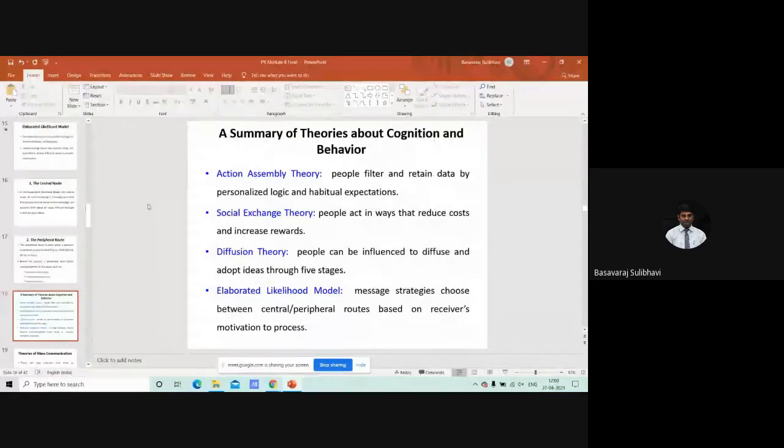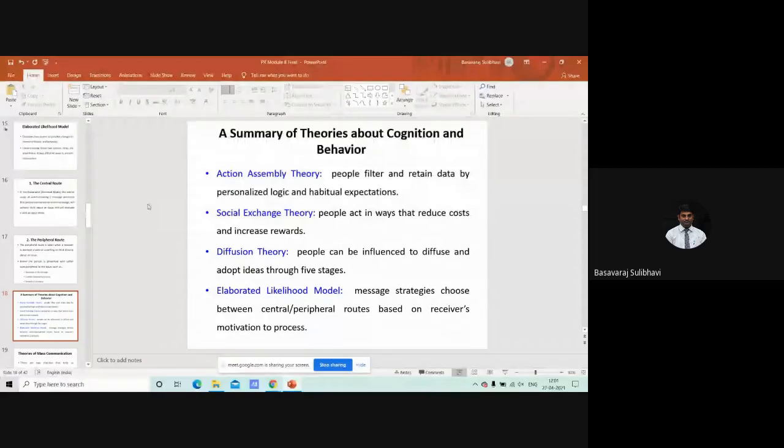Discussing diffusion theory, people may be influenced to diffuse and adopt ideas through five stages. And we have elaboration likelihood theory, which has two routes, central and peripheral, based on which you can find that receivers have interest or a motivation process can be created.